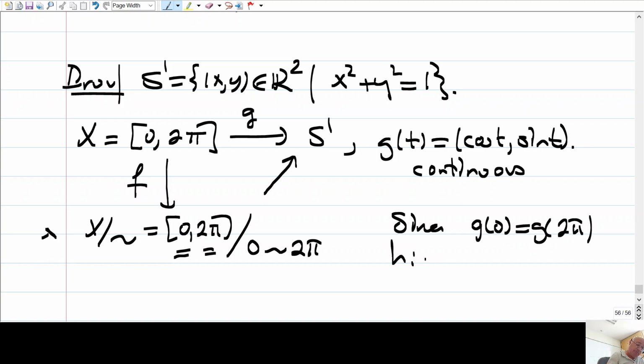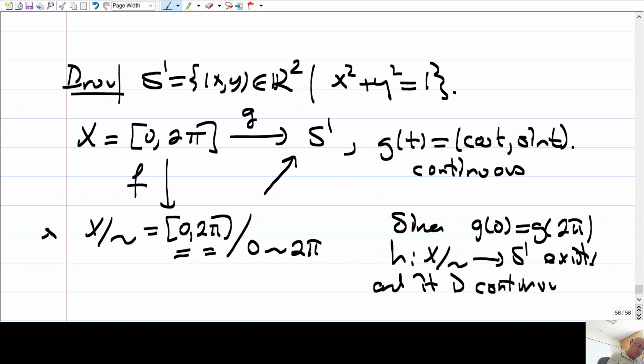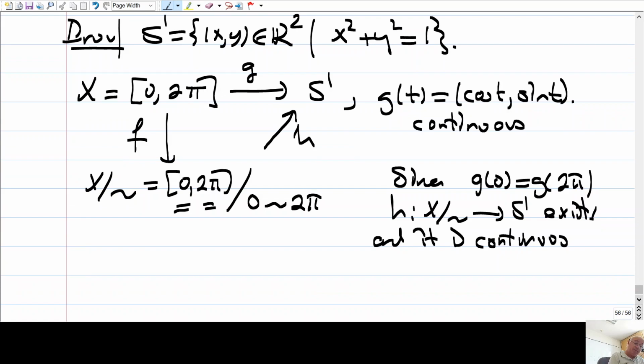h from X over tilde to S1 exists, and it is continuous. So there is h, and h is continuous because g is continuous. Okay, and this h is one-to-one.